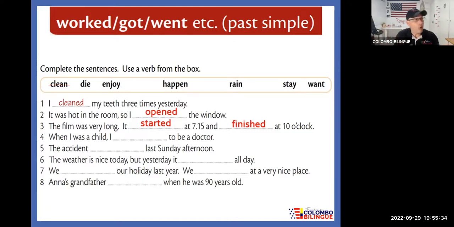If you see, they are regular verbs. So the film was very long, teacher. Really? Yes, teacher. It started at 7:15. Really? And it finished at 10 o'clock. What? Almost 3 hours. Yes, teacher. It was Avatar. And what about the movie? Interesting. Okay, good. So the idea is finished.